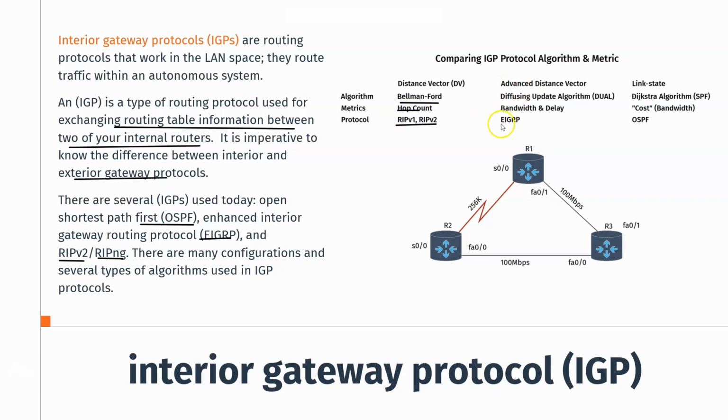EIGRP, which is again the Cisco proprietary one, is called an advanced distance vector. Some people call it a hybrid protocol. Cisco likes to call it a hybrid protocol. It displays characteristics of both a link state protocol, the next one, as well as a distance vector protocol. It's got a hop count, but it's a huge hop count.